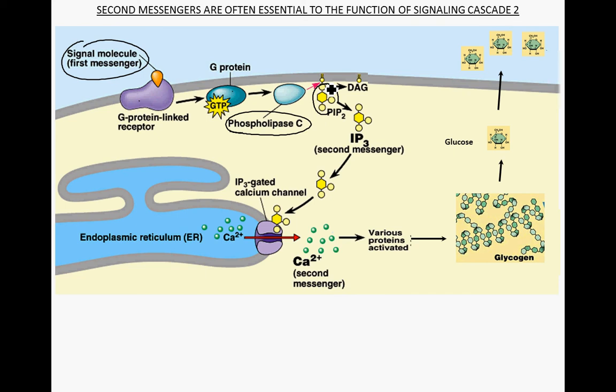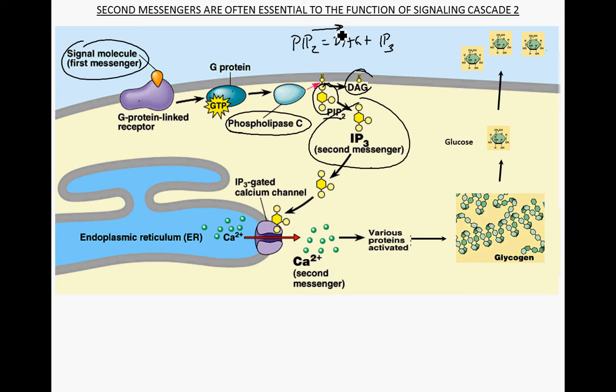When this phospholipase C cleaves this, it cuts that, and what this thing becomes is IP3. This is another example of a second messenger. What's left behind is the DAG thing here. So DAG plus IP3 is PIP2.